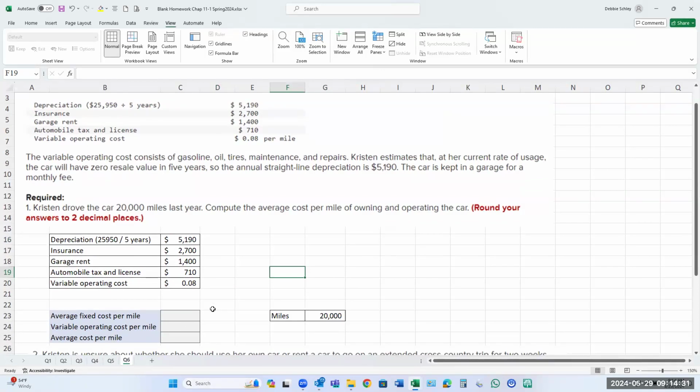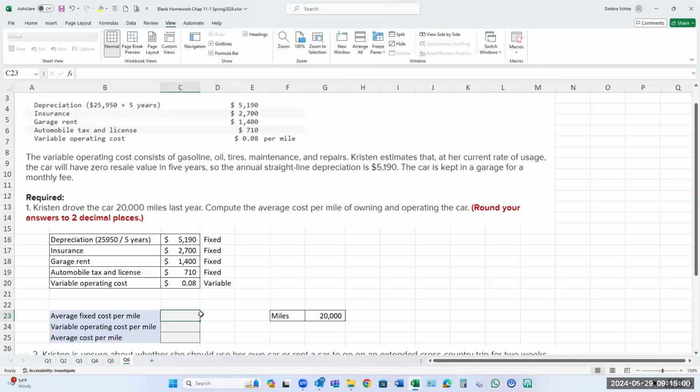Okay, so the average fixed cost per mile. I guess we need to look up here which ones of these are fixed and which ones are variable. Depreciation is fixed. Insurance is fixed. Rent, that's fixed. And tax and licenses, that is also fixed. So that just leaves one variable cost.